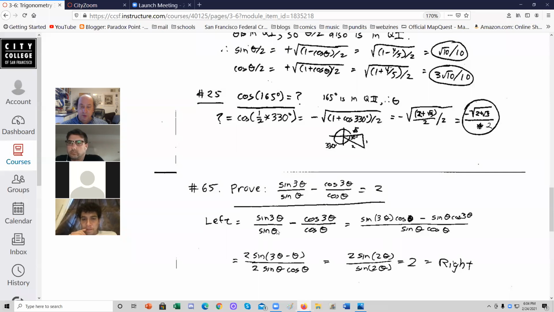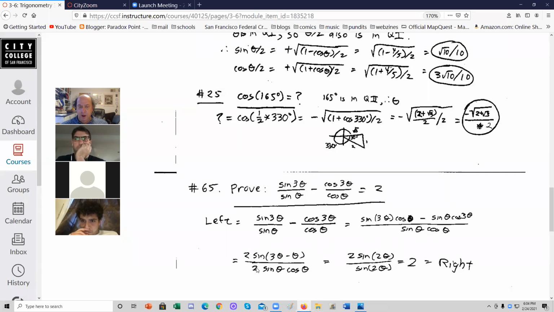And after some multiplying, sine 3 theta cos theta minus sine theta cos 3 theta over sine theta cos theta. But look at this, sine cosine minus cosine sine. Well, that's an angle subtraction formula for sine of 3 theta minus theta.